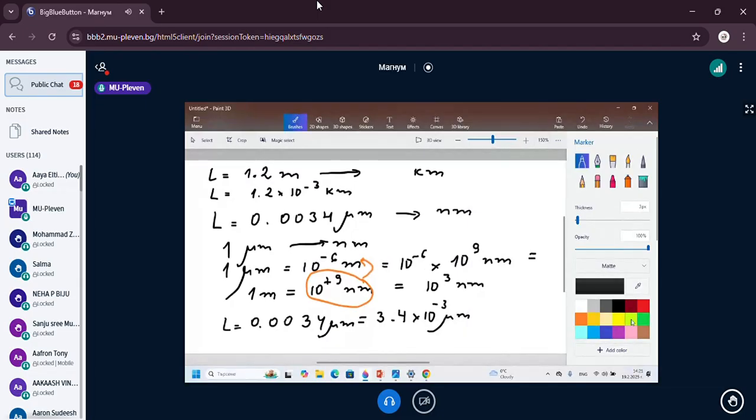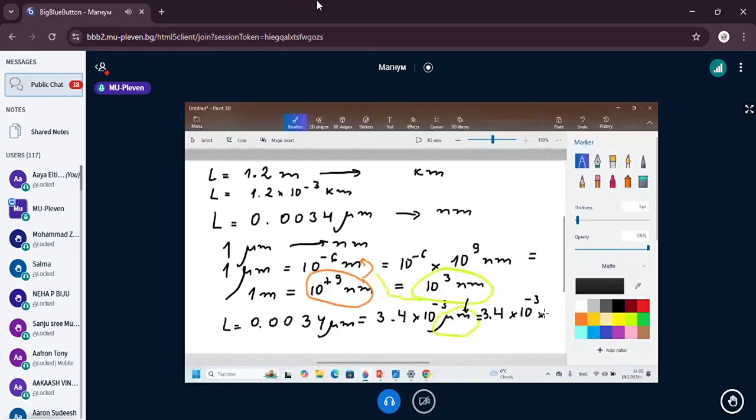Now, micrometer is substituted by its equal here, this one. So thus we will write the final result, 3.4 times 10 power minus 3 times 10 power 3.